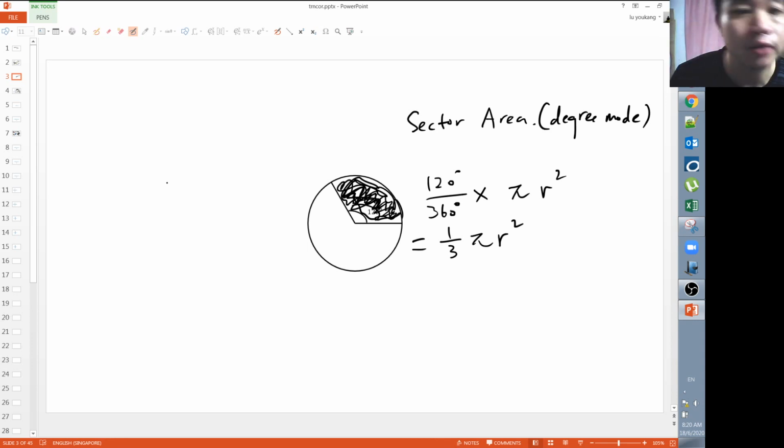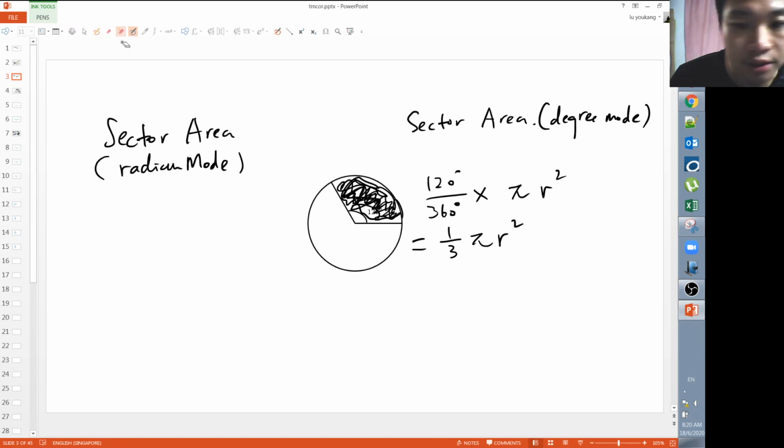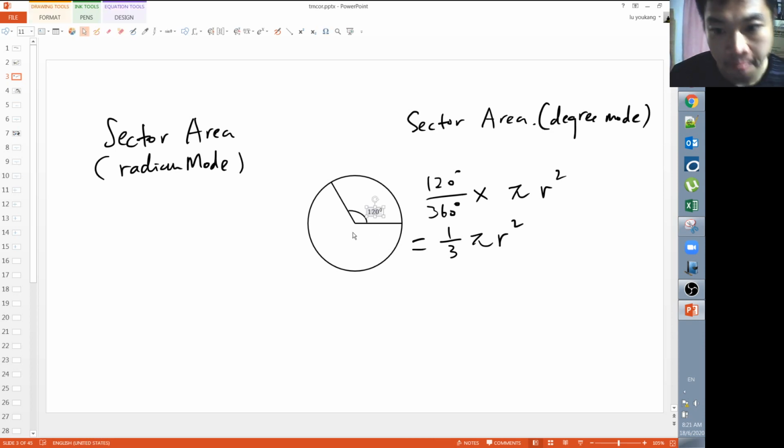Now let's take a look at how we can find our sector area in radian mode. In fact, your 120 degrees is, so let's do a conversion.